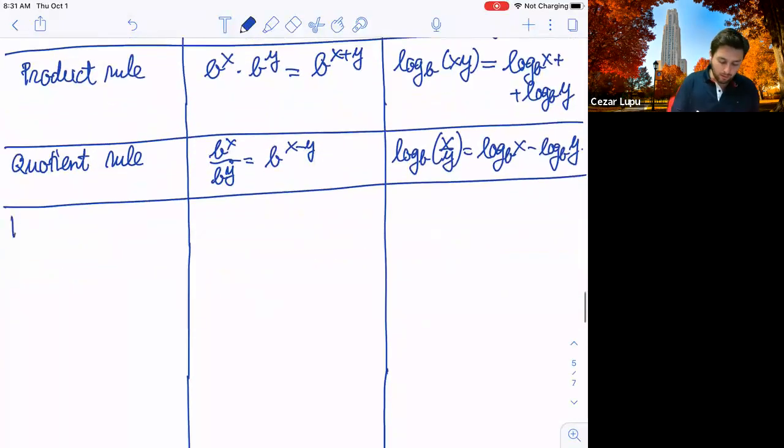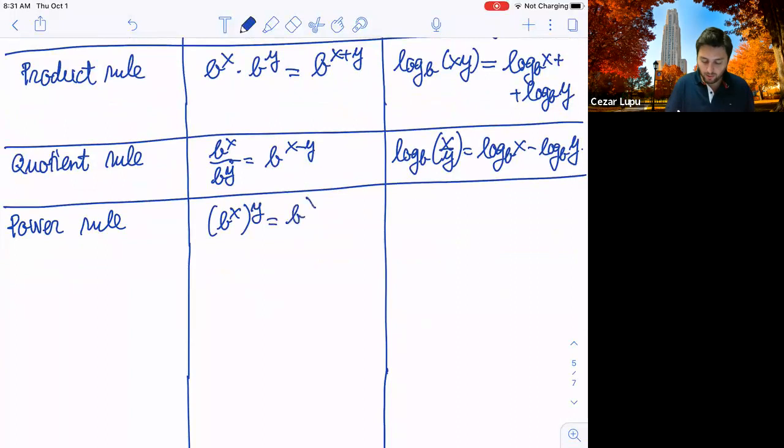Now the power rule says the following: we have b to the power x, everything to the power y, will be nothing else than just b to the power x times y, right? Or also, if you want, we have more. If we have a times b, everything to the power x, will be nothing else than just a to the x times b to the x. And also, if we divide a and b, we'll have a over b to the power x will be a to the x over b to the x.